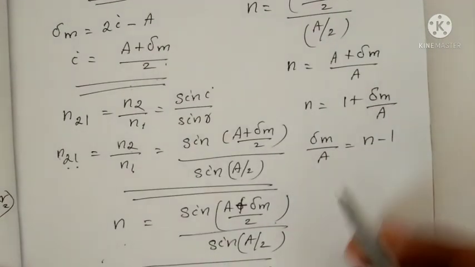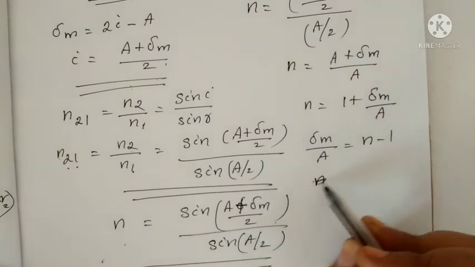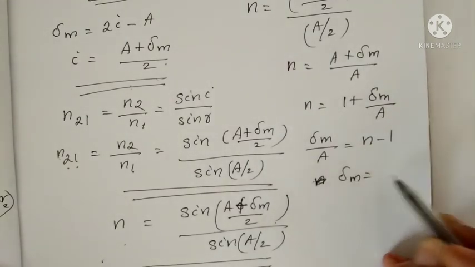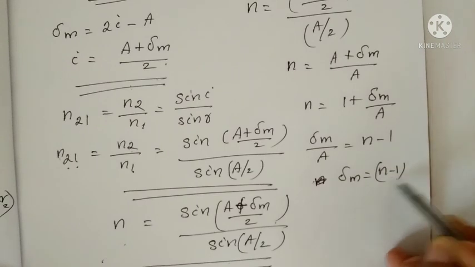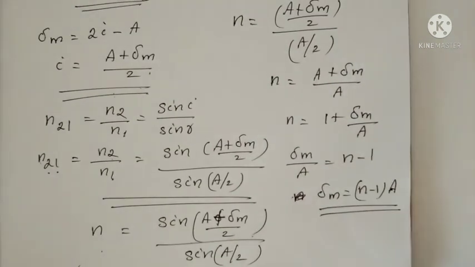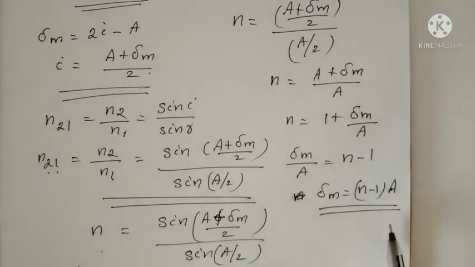Clear? So delta m equal to n minus 1 into A. So this is the equation for the angle of minimum deviation. Delta m equal to n minus 1 into A.